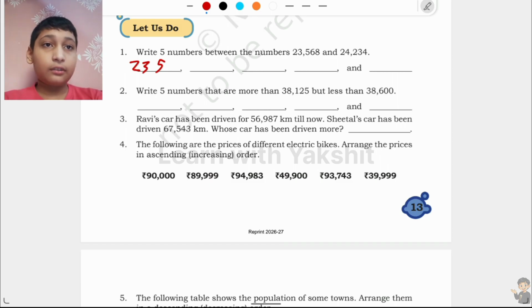We write almost the exact same number and add 1, like 23,569, like 23,570. That still counts, right? You can do this.